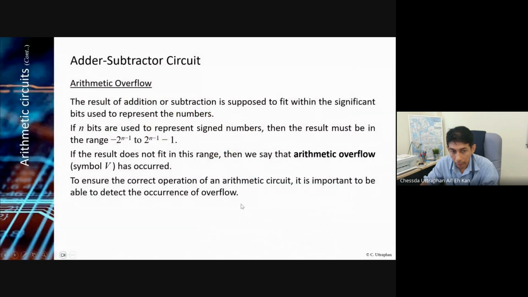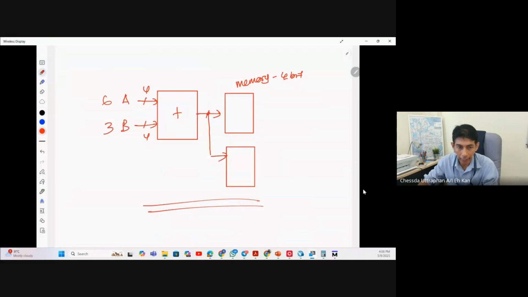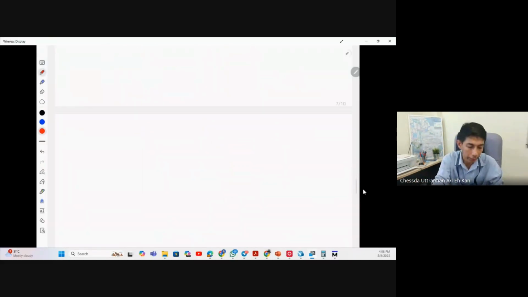So how do we create hardware to detect the arithmetic overflow? The answer is not that difficult. Take this as the scenario: we have 7 and 2, x is 7, y is 2, and we add the numbers. We take our adder or subtractor, doesn't matter.